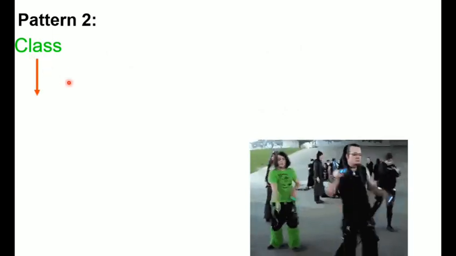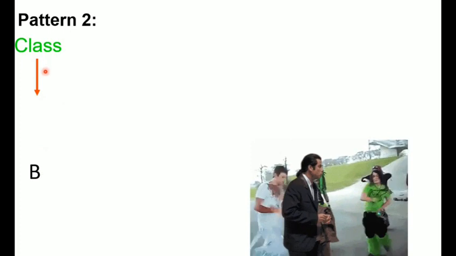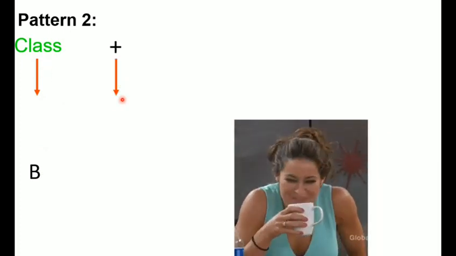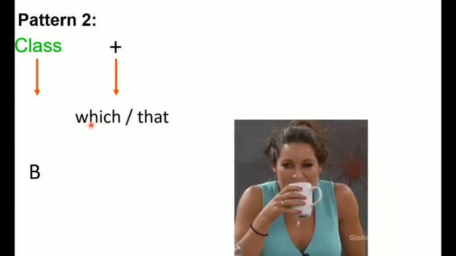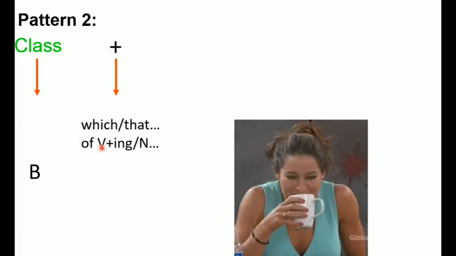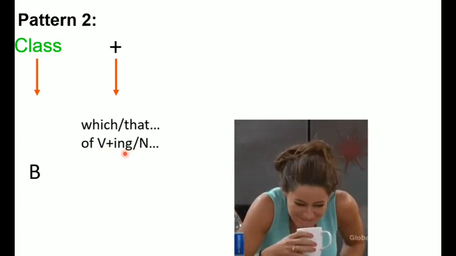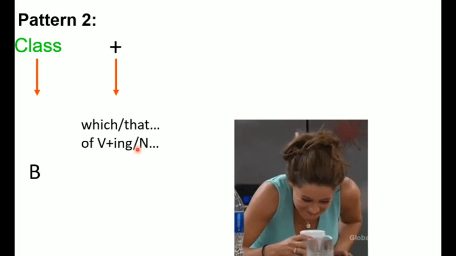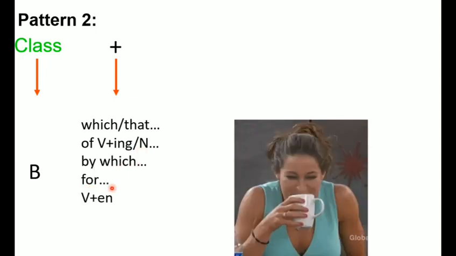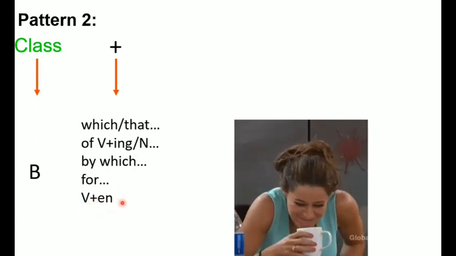Now, for the pattern 2, class, first is the part B, this is the class, and then followed by these phrases, which or that, and then of verb plus ing, these are the verbs with ing, or noun, and then by which, for, and verb plus en, these are the past participles.